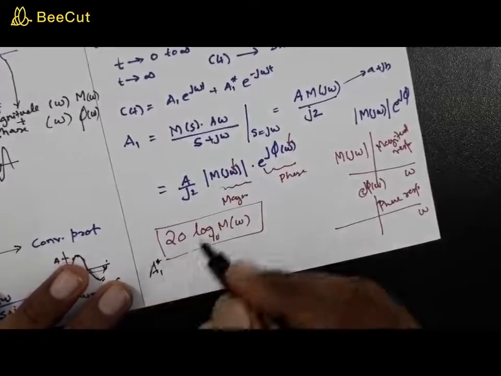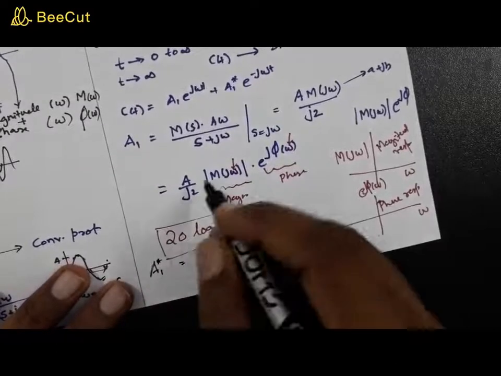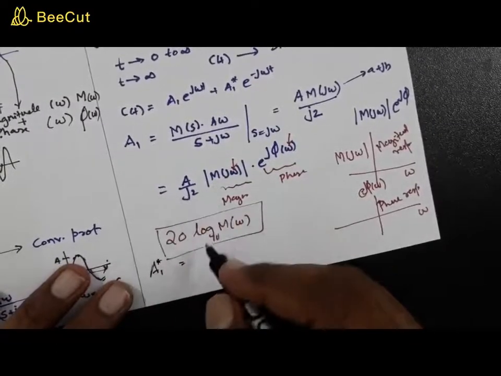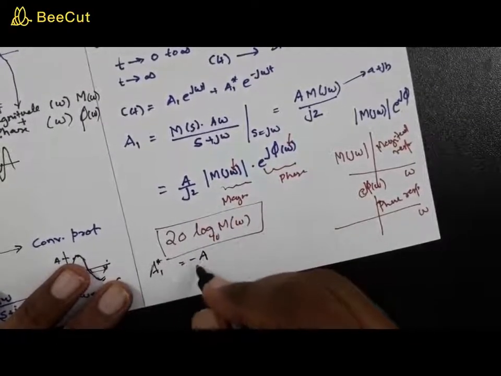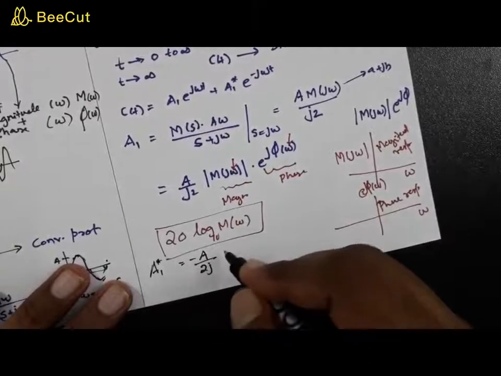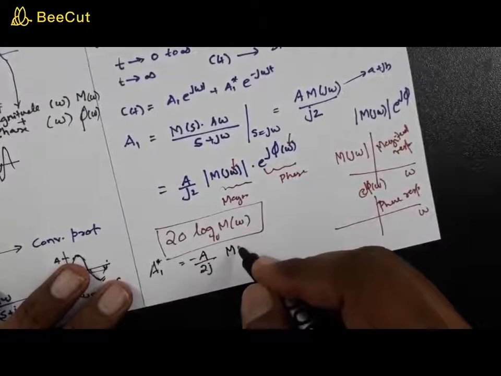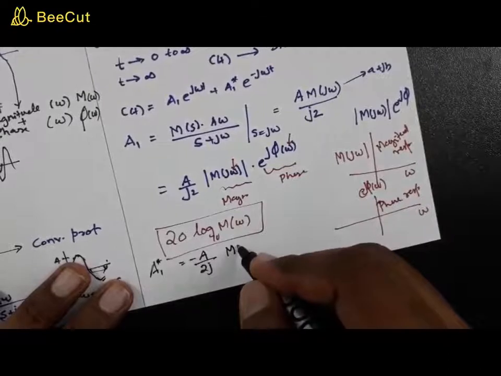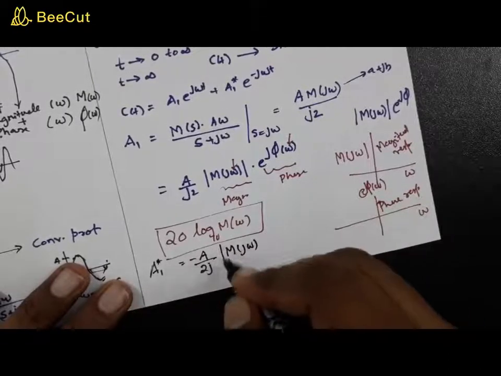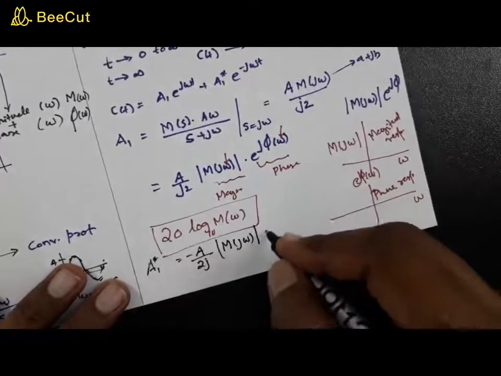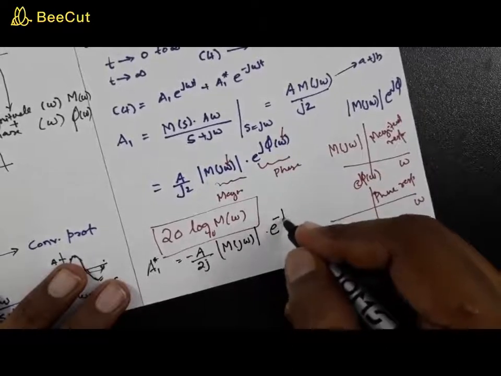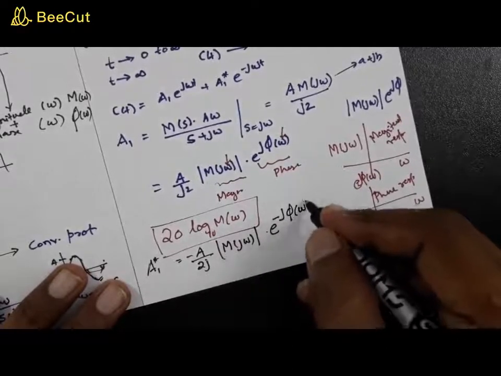What is a1 star? You put a negative sign everywhere where j is found. So this will be minus A by 2j, and M of omega, since it is a magnitude, won't change sign, while the phase will change, so this will be minus j phi of omega.